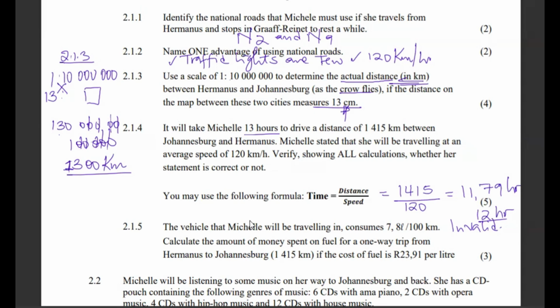Or someone else would have proved the speed, which would be speed equals distance over time. The distance is 1,415 divided by 13.